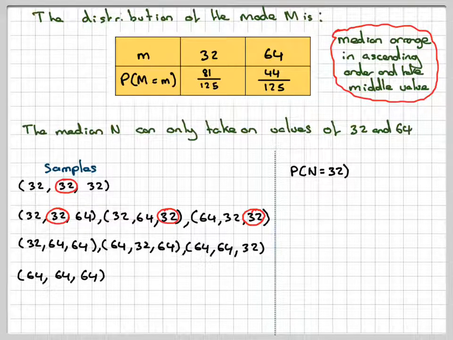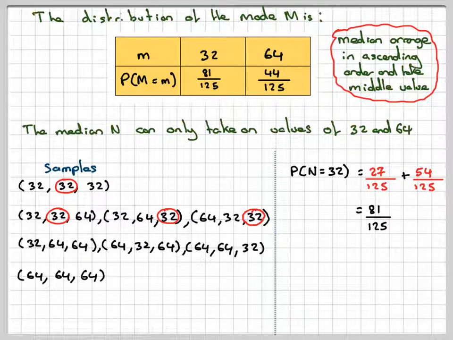So again, it's going to be the same as this, adding the 2 values together, 27 over 125, which is the probability that happens, plus 54 over 125, which is the probability that happens, which gives me 81 over 125 again.